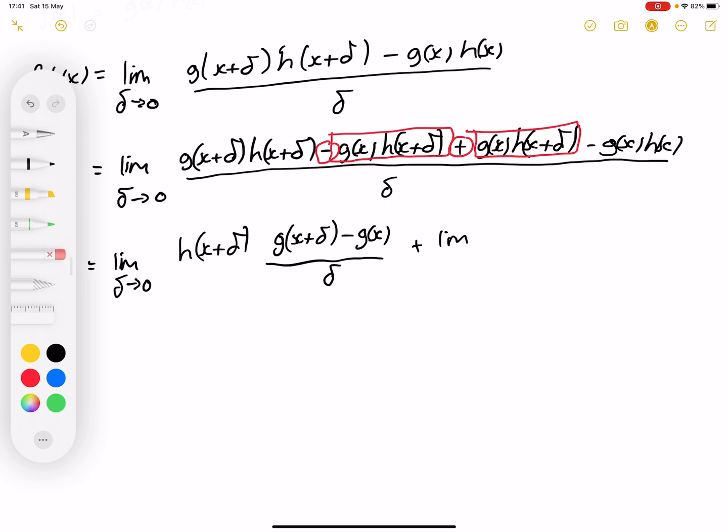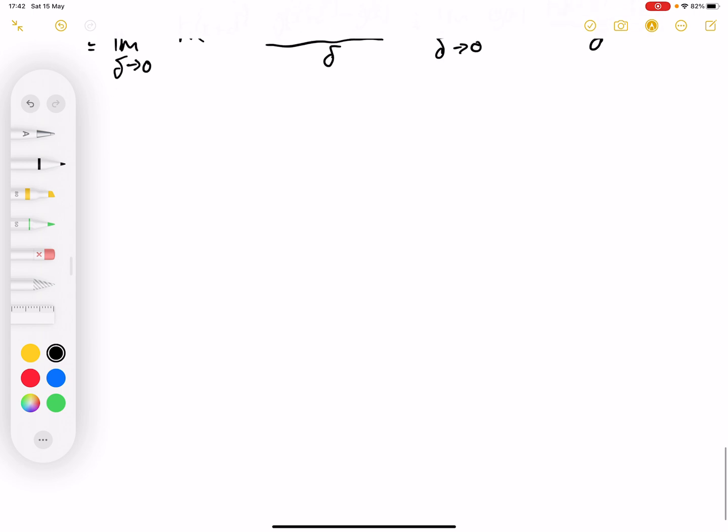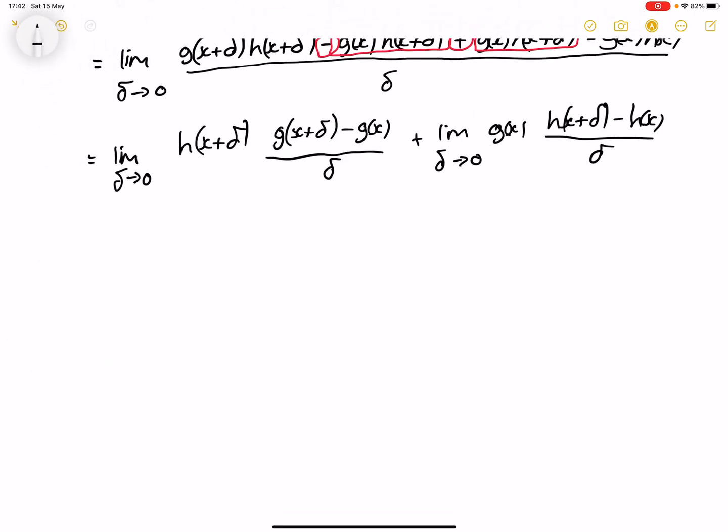Why have I done that? Plus the limit as delta tends to 0 of g of x times h of x plus delta minus h of x, all over delta. Now, the next thing I'm going to do is, well, it's perfectly allowed, I'm going to use the limit here. I'm going to say that h of x plus delta, as delta tends to 0, is just going to be h of x.